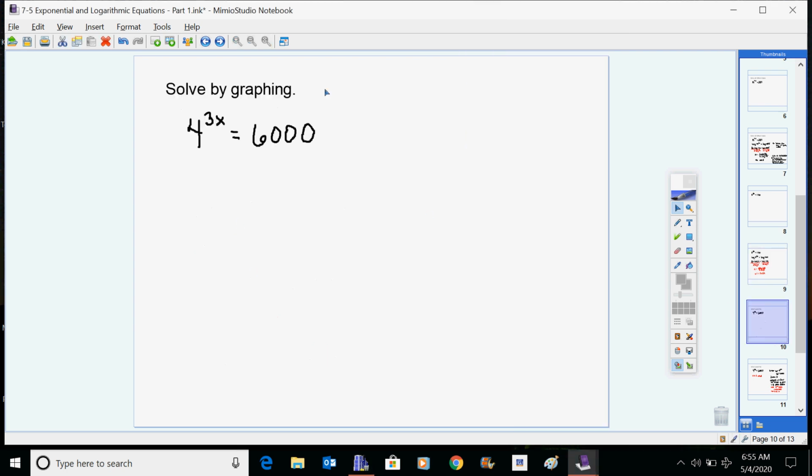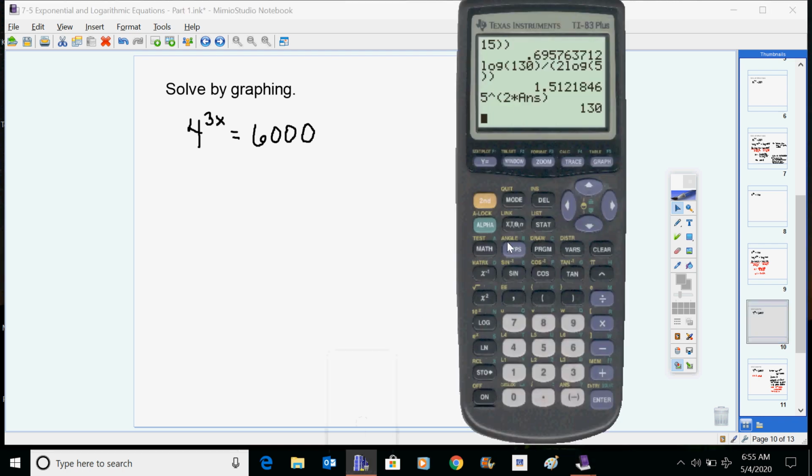Okay. Another thing that you can do is solve by graphing. Now on the graphing calculator, we've done this type of thing before. A lot of things we're doing today are putting together stuff that you've done in the past. I've gone ahead and put these equations into your calculator.